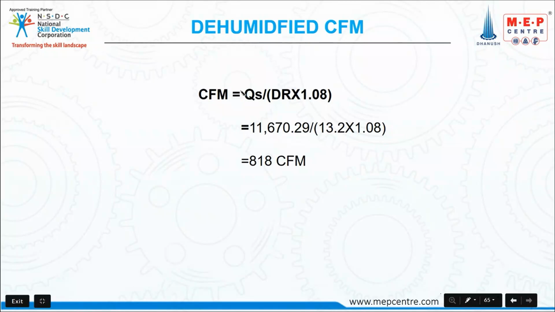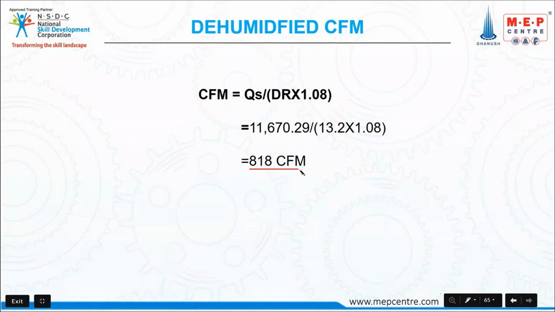Room effective sensible heat divided by dehumidified rise into 1.08. So 11,670.29 divided by 13.2 into 1.08, which is 818 CFM.